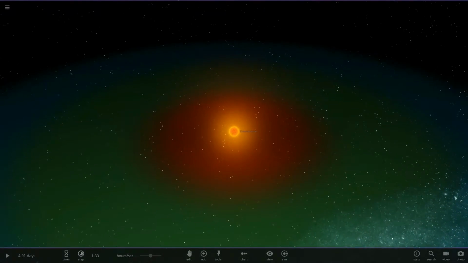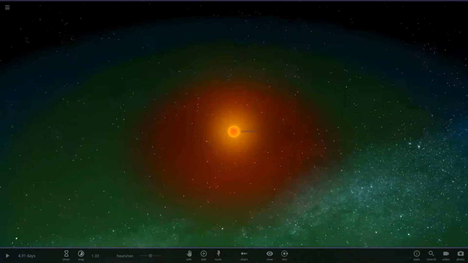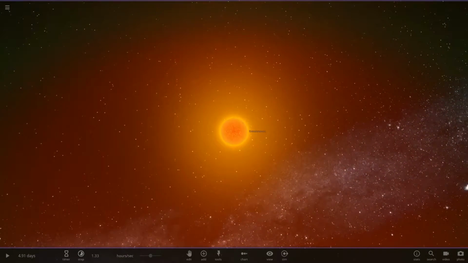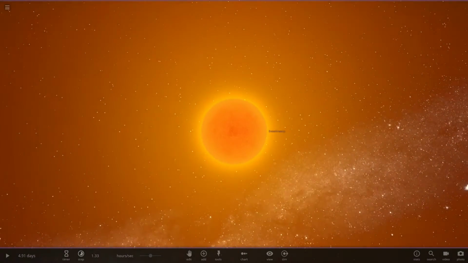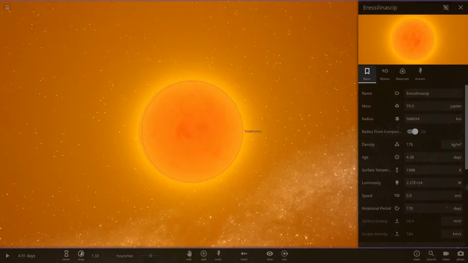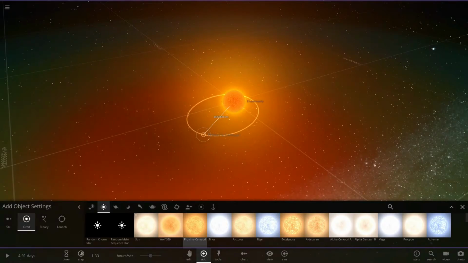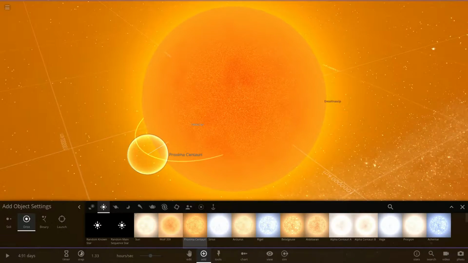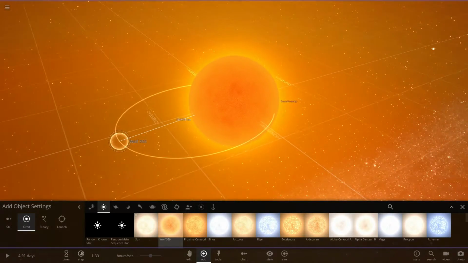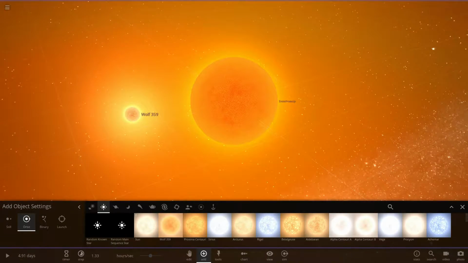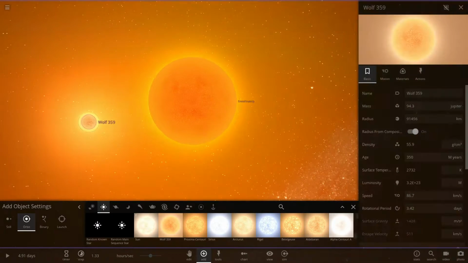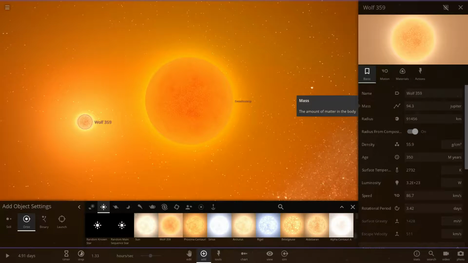Now that's a pretty big L class brown dwarf, but it looks like a star and it's not acting like a star. Compared to other stars, for example Proxima Centauri, holy crap, or Wolf 359, even though Wolf 359 is 94.3 Jupiters in mass, it is brighter than this.